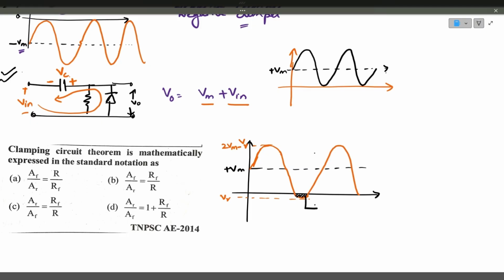For this portion, the resistance offered is RF, the diode forward resistance. For the remaining portion, the resistance offered is the load resistance R, whatever mentioned here, this R.